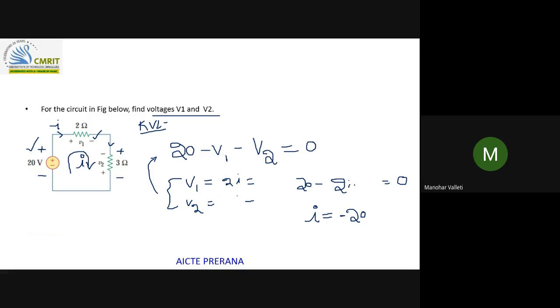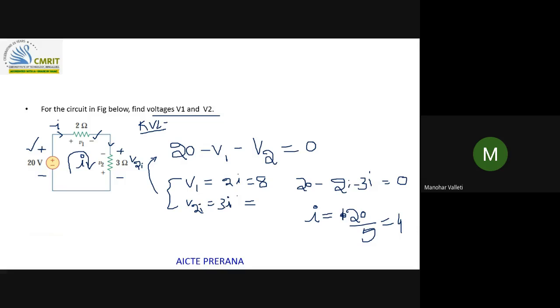So obviously, 20 by 5 is 4 you will get. So V1 equal to 8. Let us call this V2I.